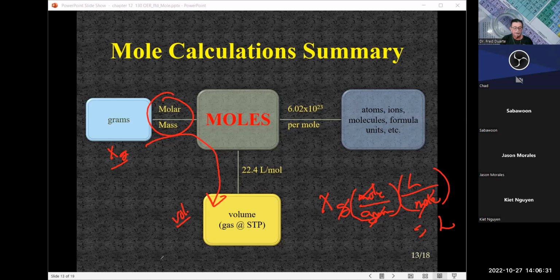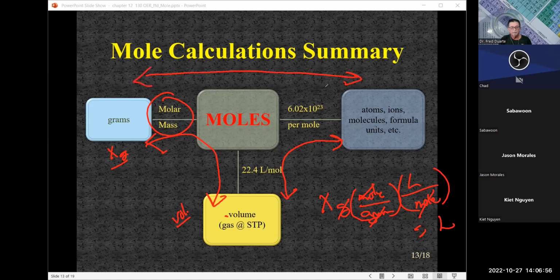Now, I can go the opposite direction. It's not a one-way arrow here. I could be given volume and I need to calculate grams. Furthermore, I could be given volume and I need to calculate maybe the number of atoms or molecules that I'm working with. And so these arrows are two directional.